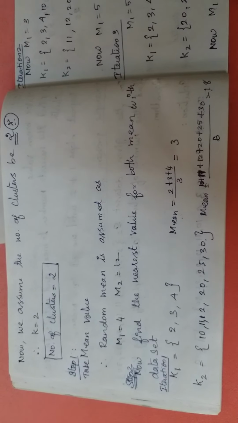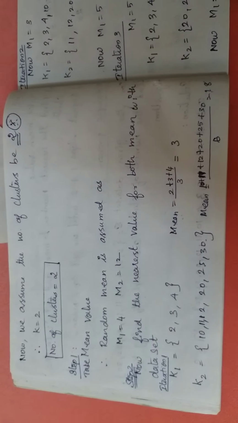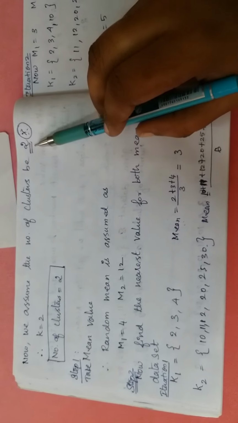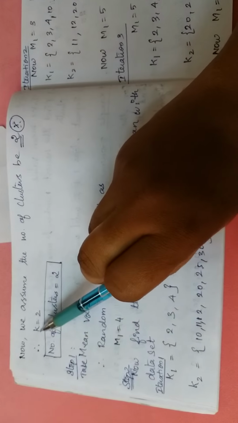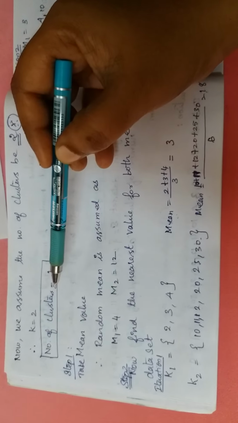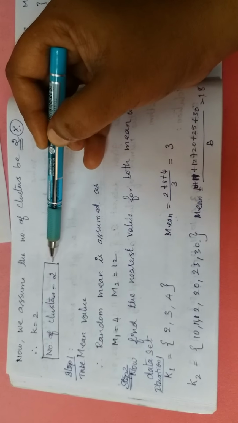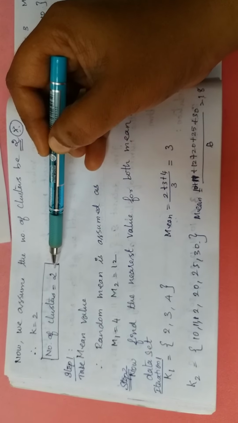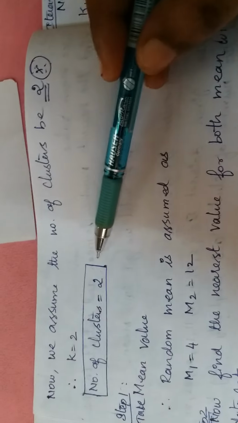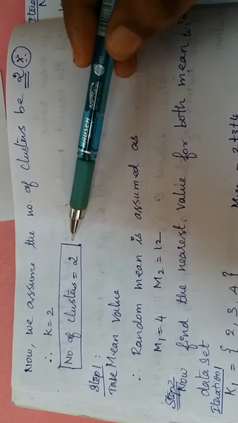So we go for a number of clusters as 2. The basic value is 2. The number of clusters is going to be taken as k here. So k is equal to 2. Therefore the number of clusters is equal to 2. This is the first thing we have to identify: how many clusters we are going to make. So the number of clusters is going to be 2 now.